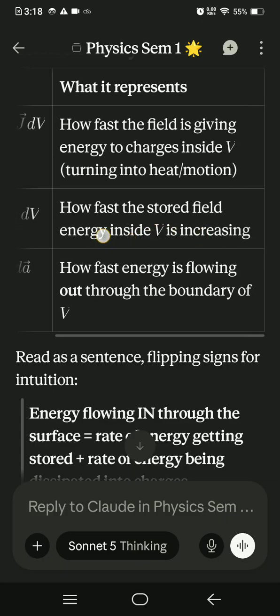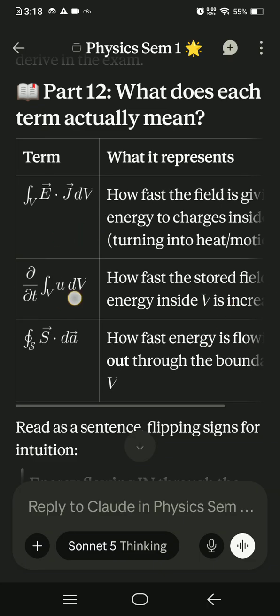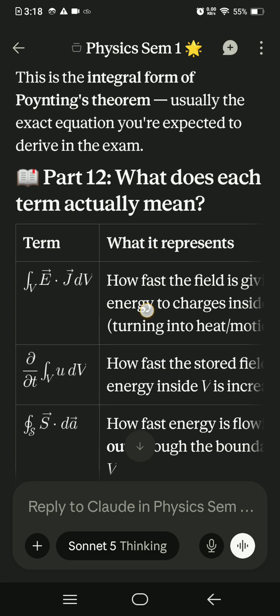Energy is increasing, energy is flowing out, and the field is giving energy. So the field is giving energy, that energy is increasing for that volume, and energy is also flowing out. So these are the three parts.